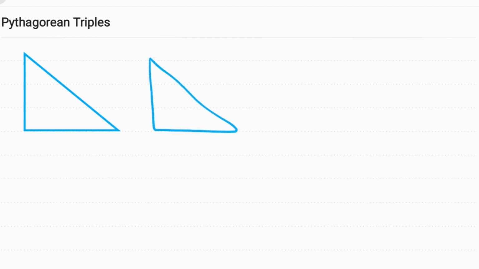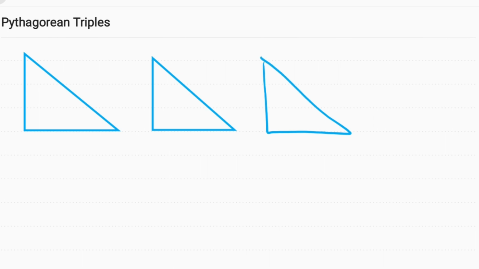So, the thought is, what happens when we start seeing patterns with our Pythagorean theorems? Some triangles will have the same values regardless of what you do.